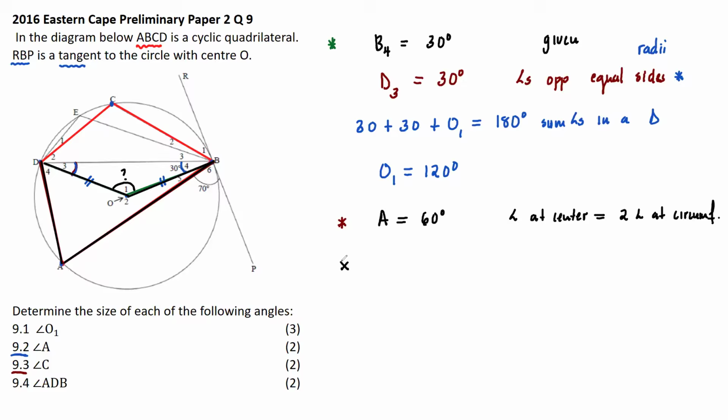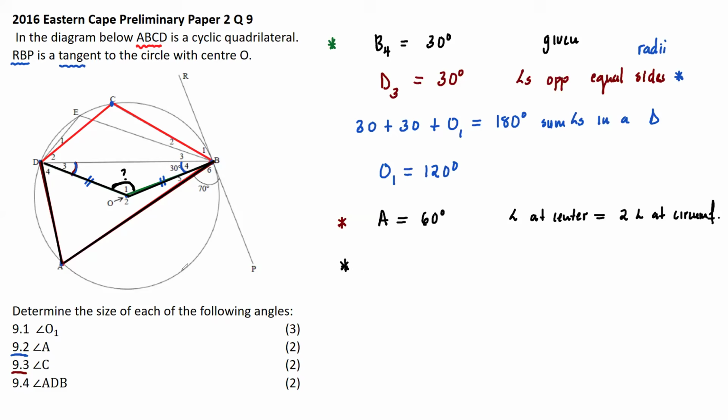9.3. Remember, the angle at the center is the big one. So the one at the center is big, 120. The one at the circumference will be half of the one at the center. Angle at center is twice the angle at the circumference. So I'm good to go.